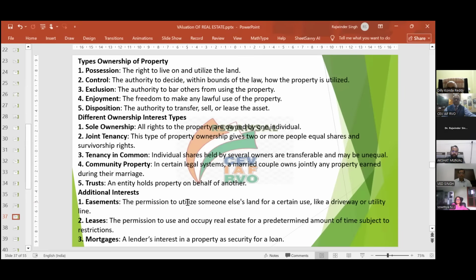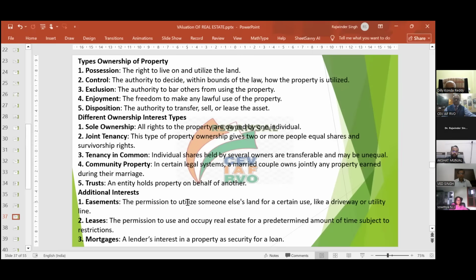You have the right to stop someone from entering your property. You have an exclusive right over the property. That is exclusion. So there is a difference between exclusion and enjoyment. Enjoyment means the freedom to make any lawful use of the property. Then disposition. Disposition means the authority to transfer, sell, or lease the asset. That is disposition.